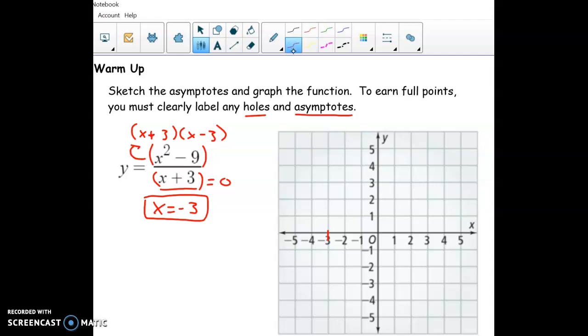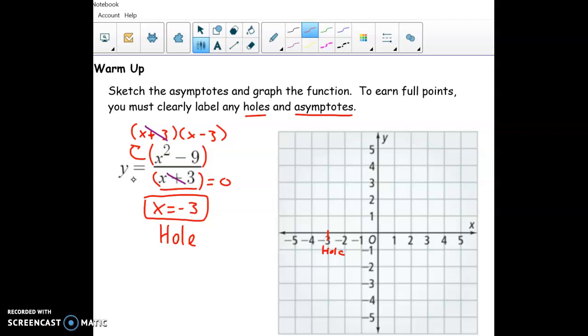Once we have that, we can see that the x plus 3 factors cancel out, which means the x equals -3 spot is a hole, right? So there's going to be a hole right there in our graph. No vertical asymptotes, right? Because that's our only discontinuity, our only break is -3, and it's a hole.